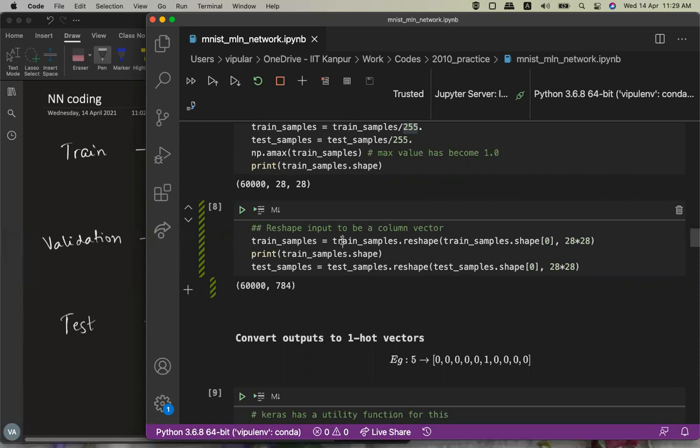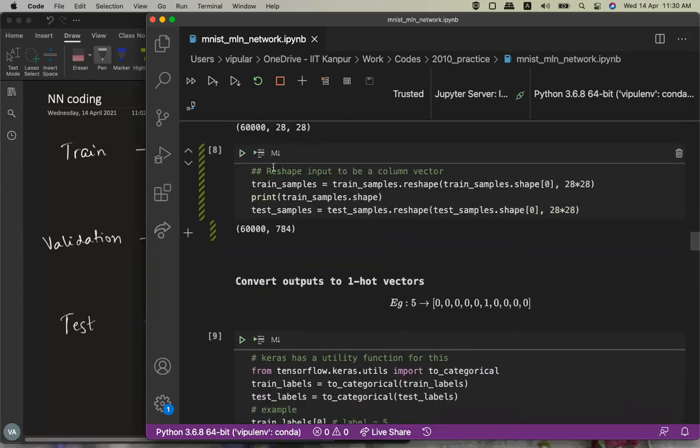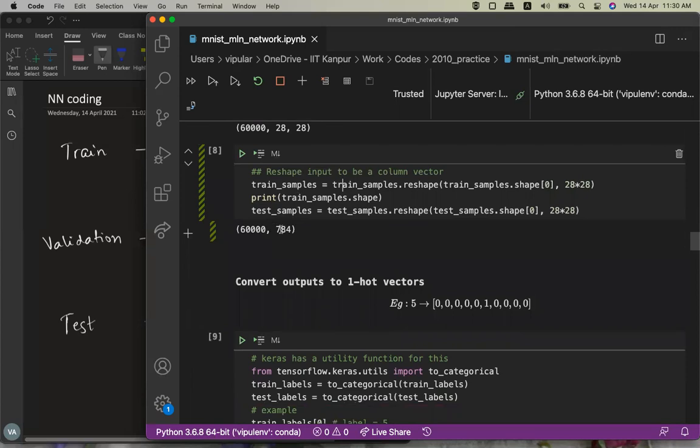So I reshape my input from 28 cross 28, which was a matrix, into a vector of length 784. Now the input is prepared: my inputs are all x vectors, not matrices, and each x vector is of length 784.